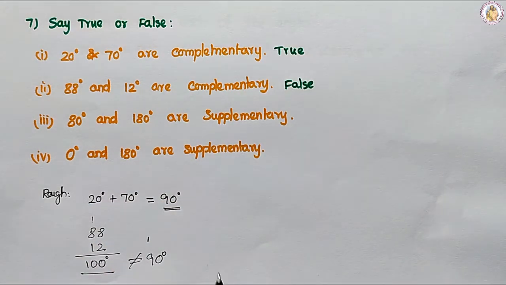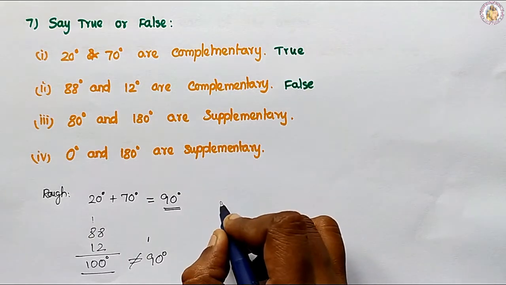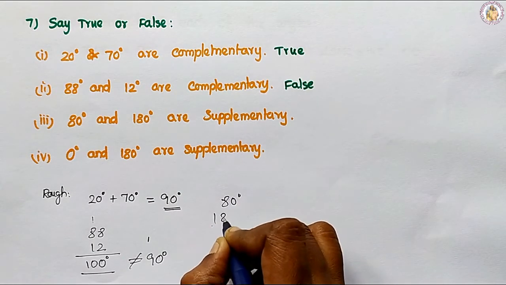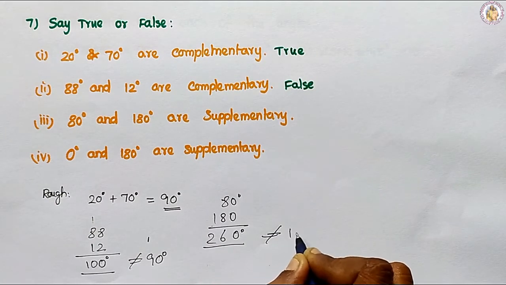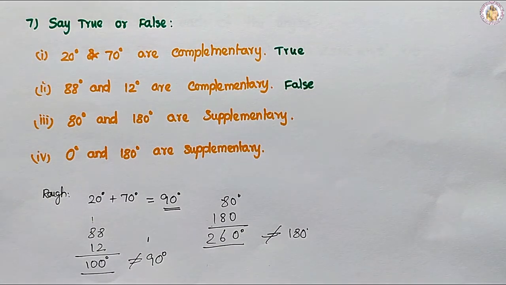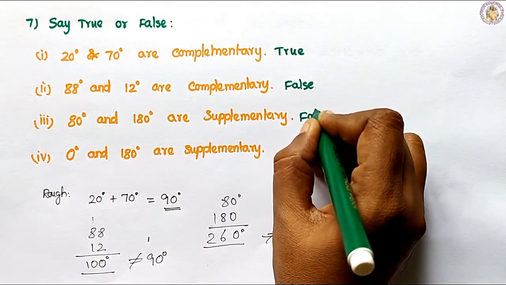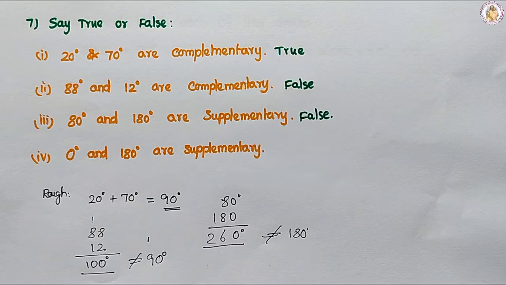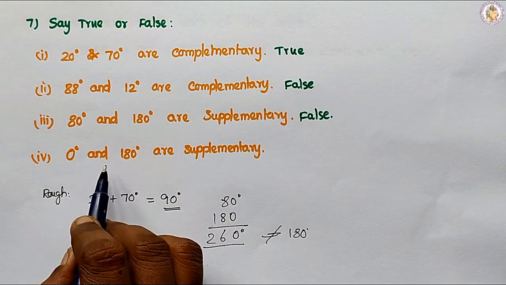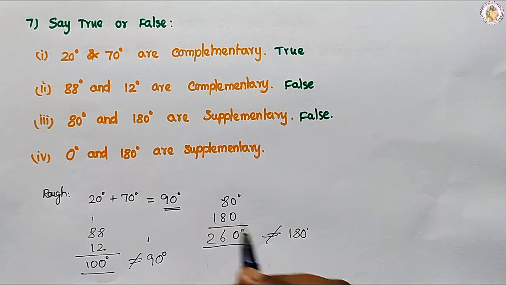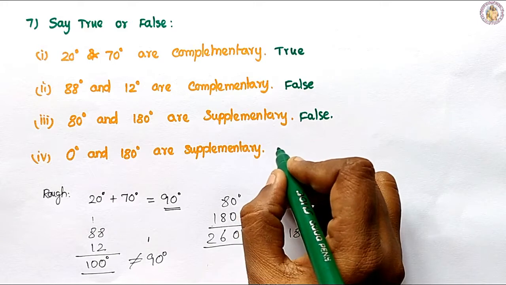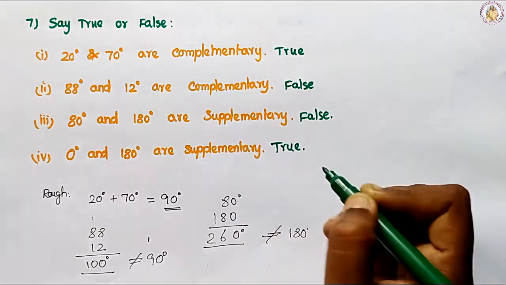So that is not equal to supplementary. Listen, 80 degree plus 180 degree. How much? 260 degree. That is not equal to 180 degree. So that is false. Next one, 0 degree and 180 degree are supplementary. 0 plus 180, 180. So that it comes 180. So that is true.